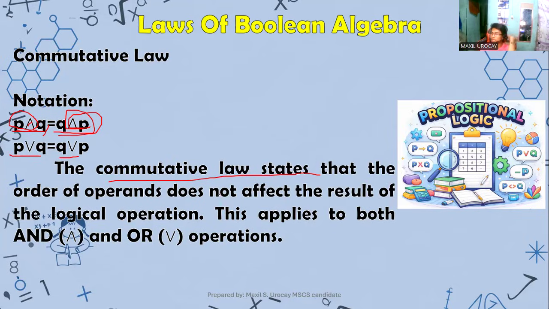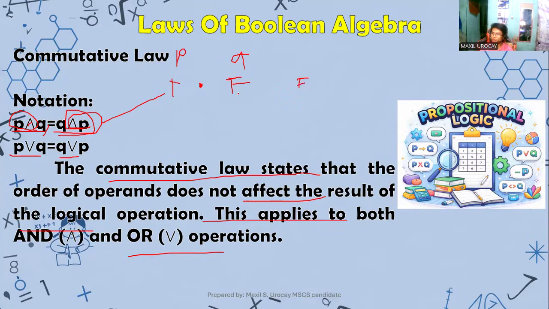The commutative law states that the order of operands does not affect the result of the logical operations. This applies to both AND and OR operations. Say, for example, this is P and this is Q. For AND, which is multiplication, true and true is true, and true and false is false.